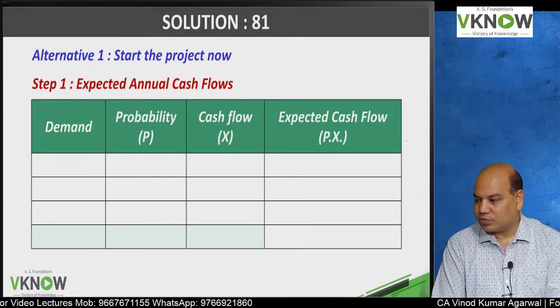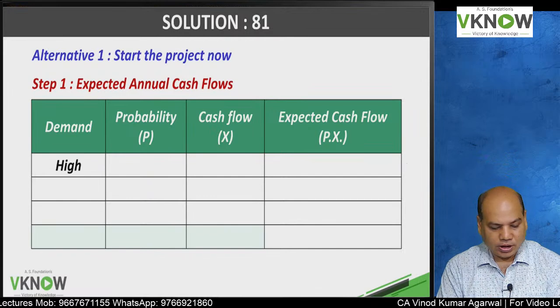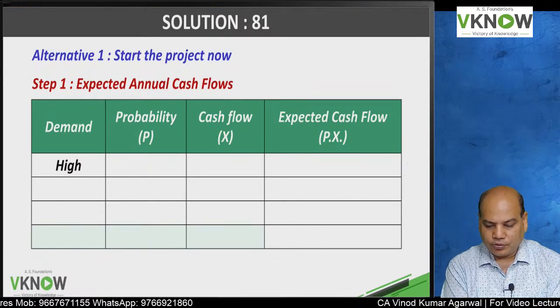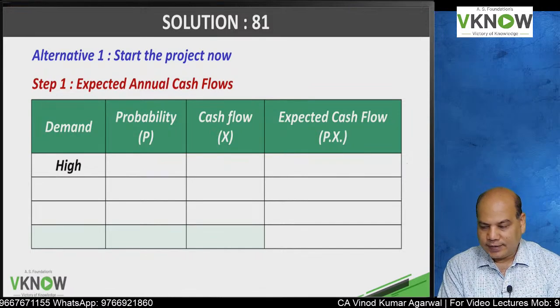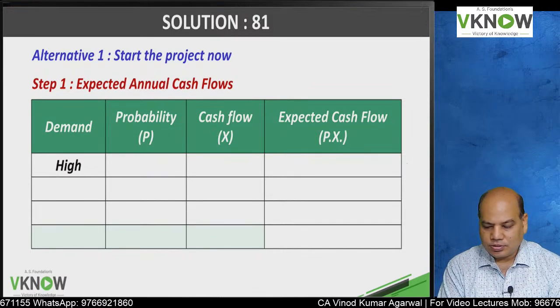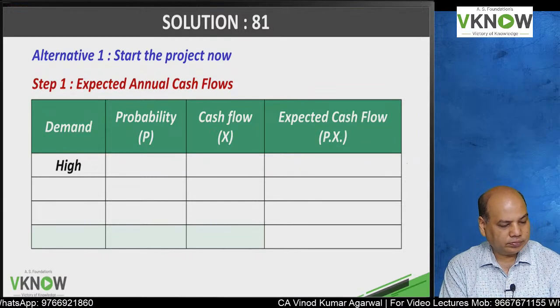Expected annual cash flow I will compute first. Draw 4 columns: demand, probability, cash flow, expected cash flow. Is it right?